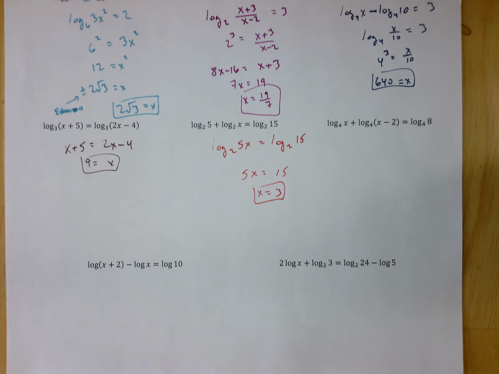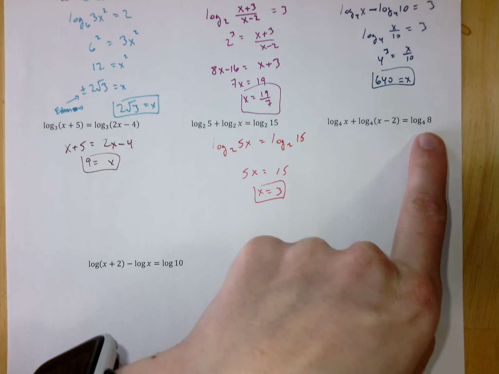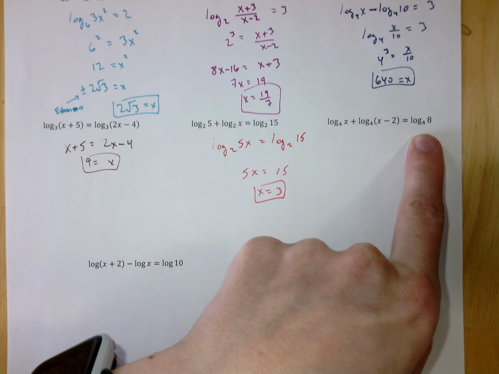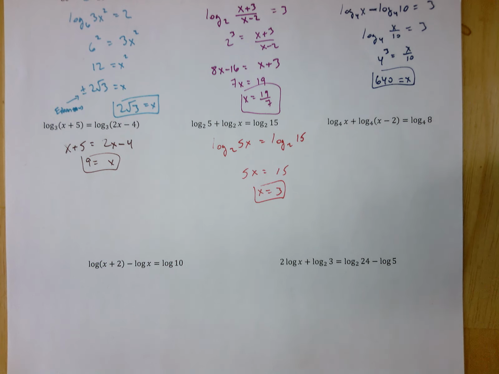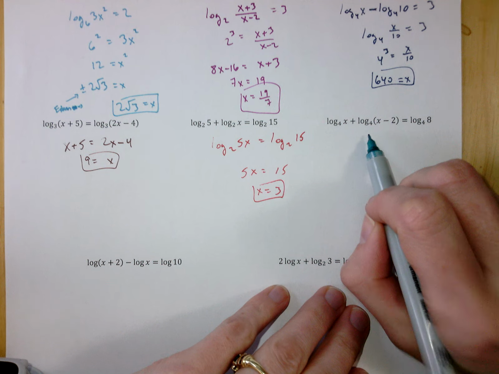Okay, next one. 3 logs. And again, I'm just checking, are there any of these that I can convert into regular numbers? No, that's my best bet, but log base 4 of 8, that's not just going to equal some whole number. So that's not going to work. But I can combine these two together.